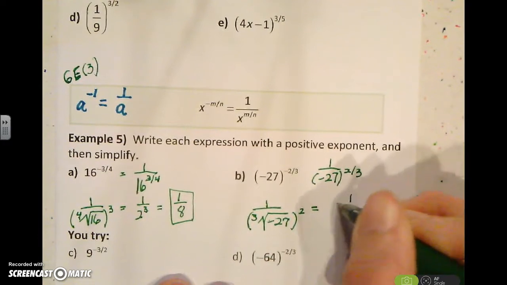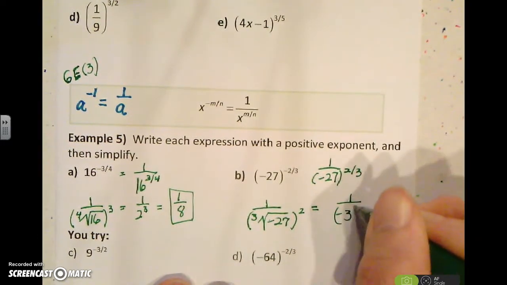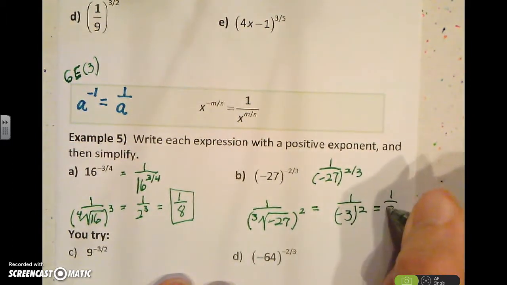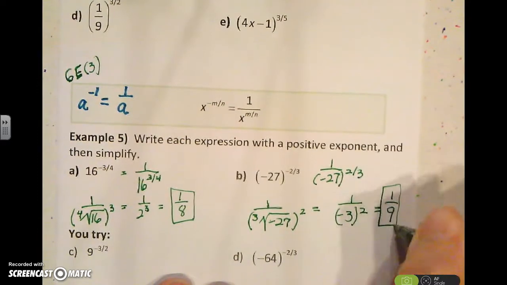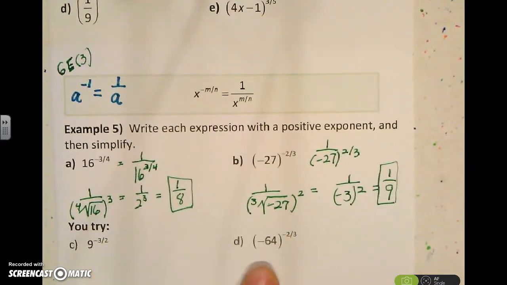So that's going to be 1 over the cube root of negative 27, which is negative 3, to the 2nd power. And when I square that, it becomes a positive 1/9. Again, I have a few examples for you to try on your own.